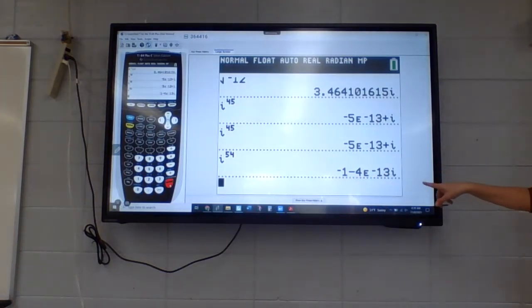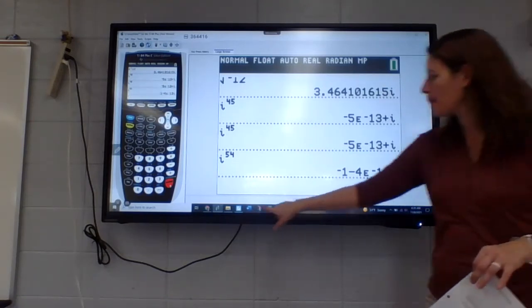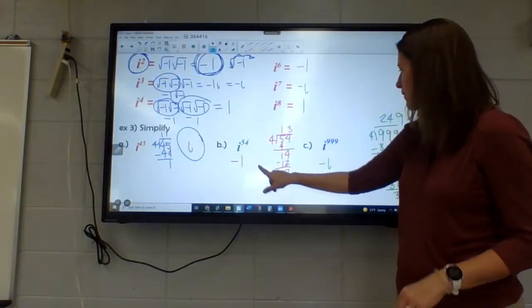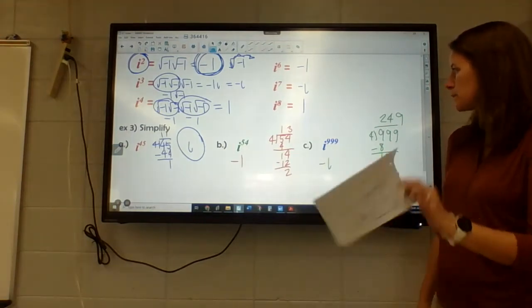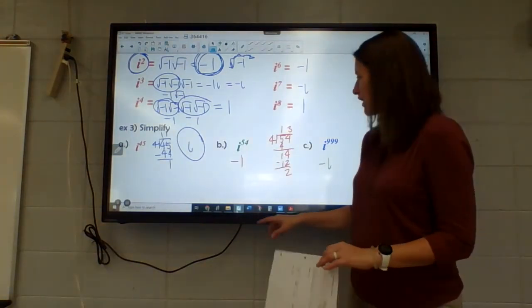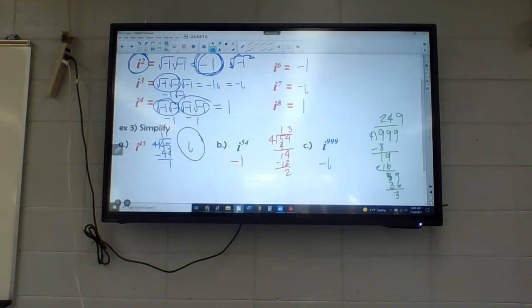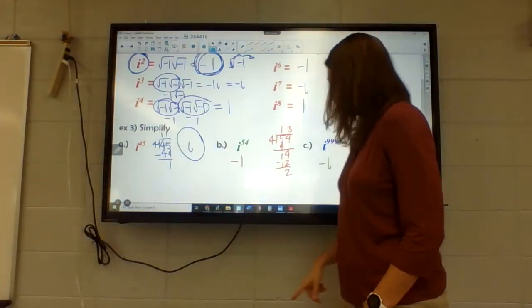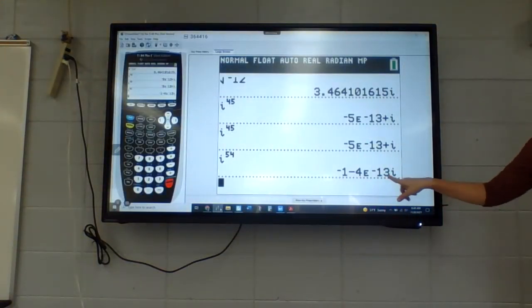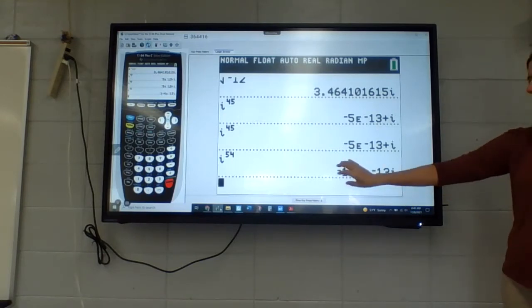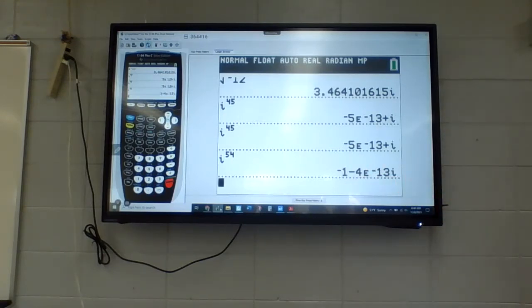This was supposed to be negative 1. I wouldn't use your calculator, I guess. If we did i to the power of 54, it was somewhat sussy. Negative 1 plus 0i, it says minus 0i, essentially. So it's negative 1. That's pretty sneaky.